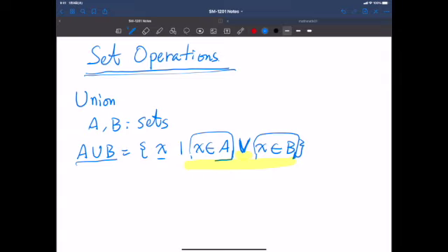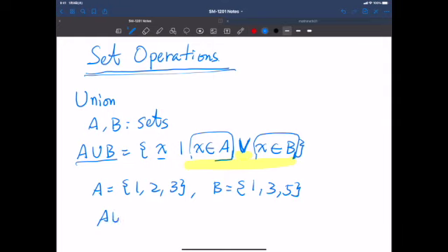Here's an example. Let's say A is a set of three numbers, 1, 2, 3, and B is a set of three numbers, 1, 3, 5.